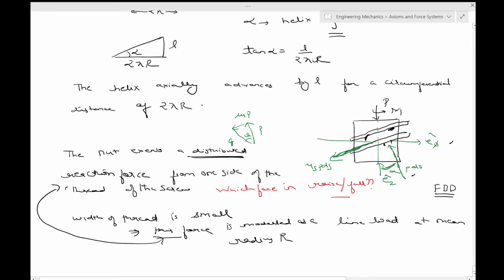Just because, say, if this is the axis and this is r, and the threads are actually going out slightly over here, since this distance is too small, it has been ignored. So what we have assumed is that the reaction force from the nut on the screw is acting as a line load at the mean radius r, just because this is too small.